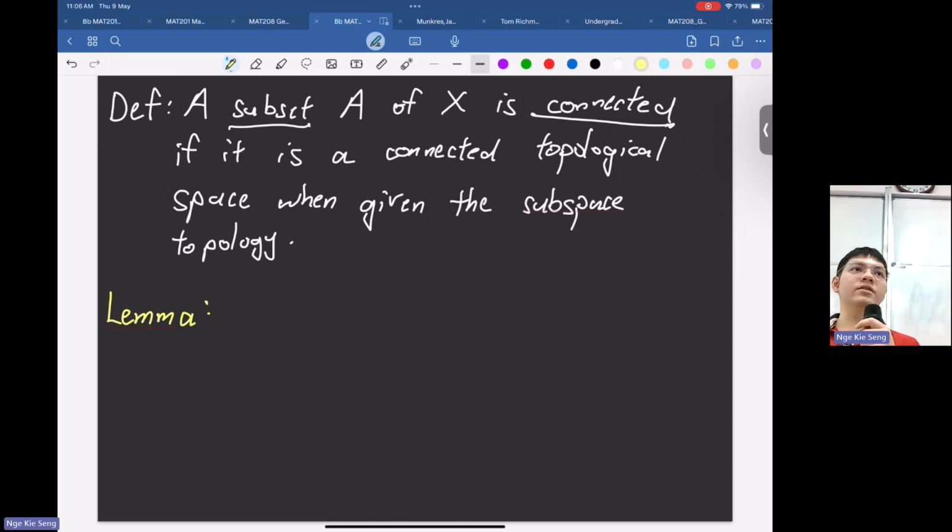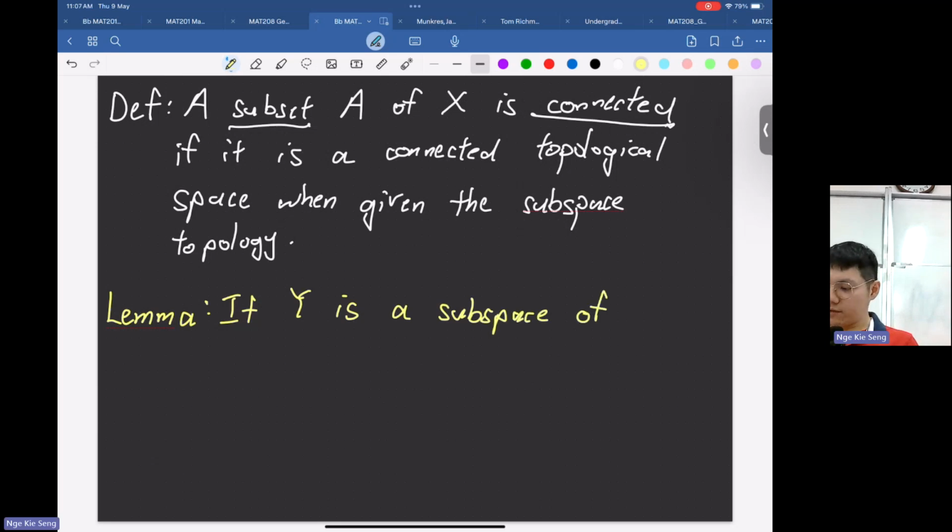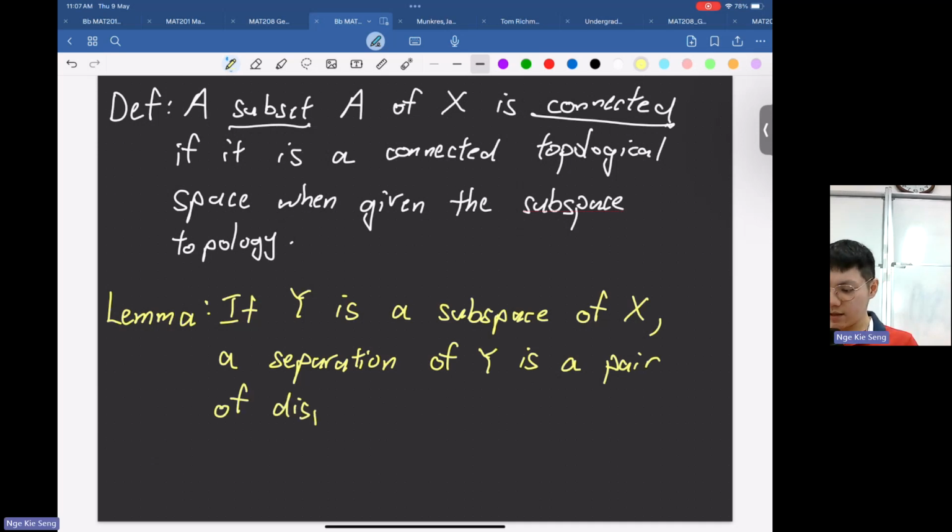Instead of looking for these non-empty, disjoint, open sets, if you have a separation of a subspace, the pair of sets that make up your subspace, we can characterize it using limit points.